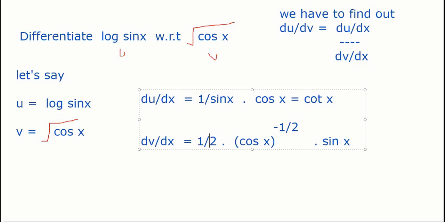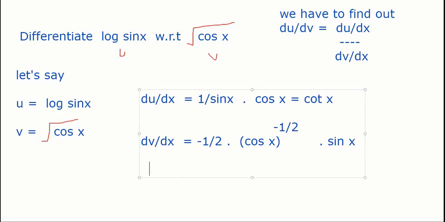So I take the minus out here. So finally dv by dx will be minus sin x over 2 root cos x.